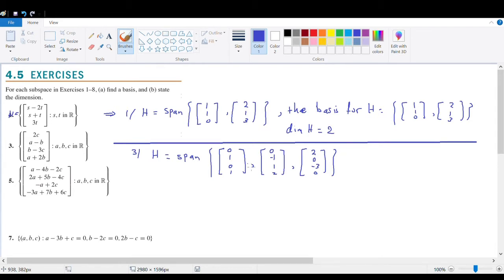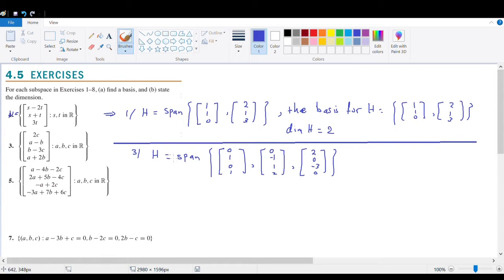If we do row operations for this set, we'll find that we have a pivot in each column. So that means the set is linearly independent. We cannot say directly that this set is linearly independent; you need to check it. After you do row operations, you find that this set has a pivot in each column, so the set is linearly independent.